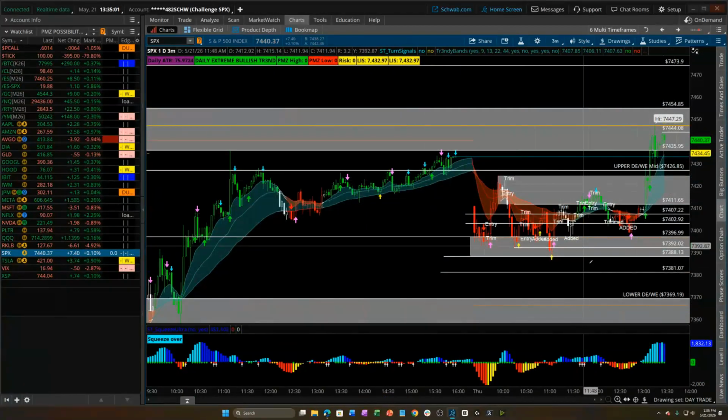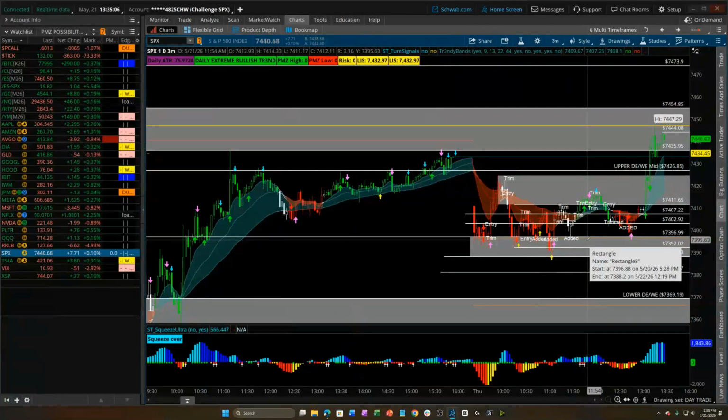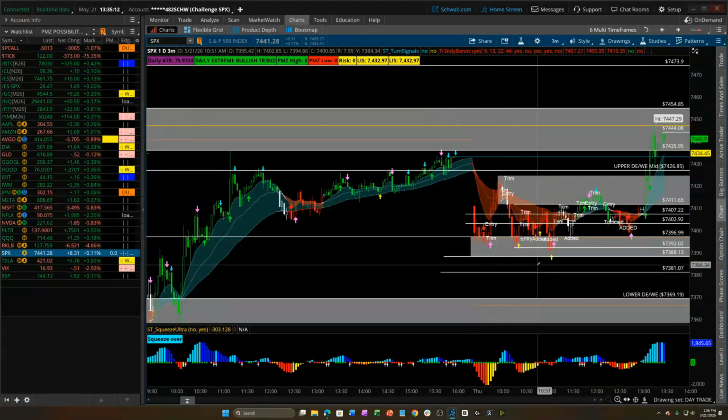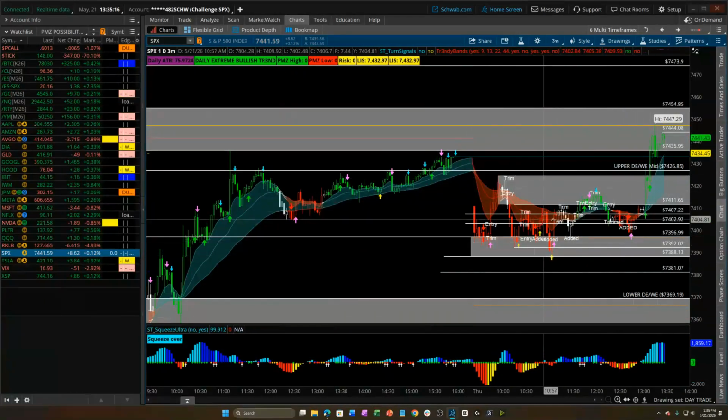And that's how I came up with the bottom of chop. Okay. 50 and 618, FYI, if you want to, the 5618. Okay. That's how I came up with it.